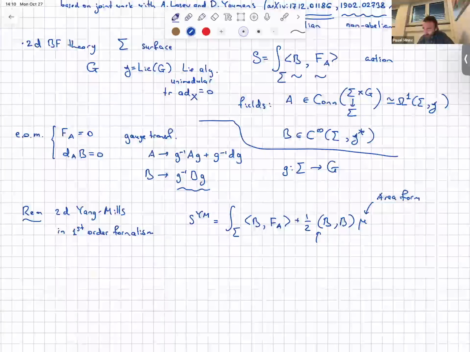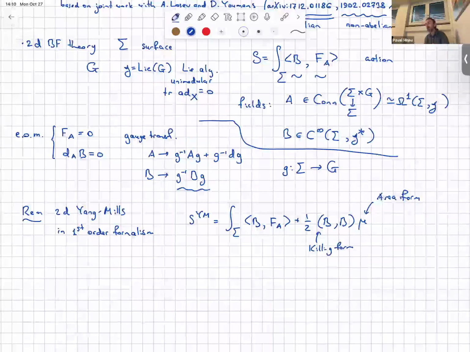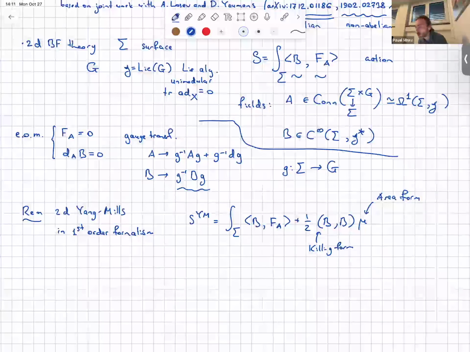These brackets denote the Killing form, or the inverse of the Killing form on the dual of the Lie algebra. Two-dimensional Yang-Mills doesn't really depend on the metric, but it depends on the total area of the surface. For the area form, you can choose the Riemannian volume form.